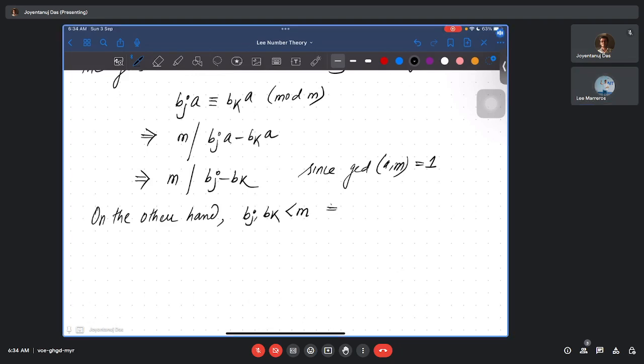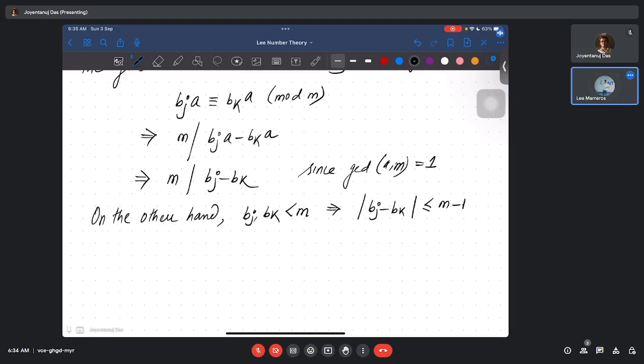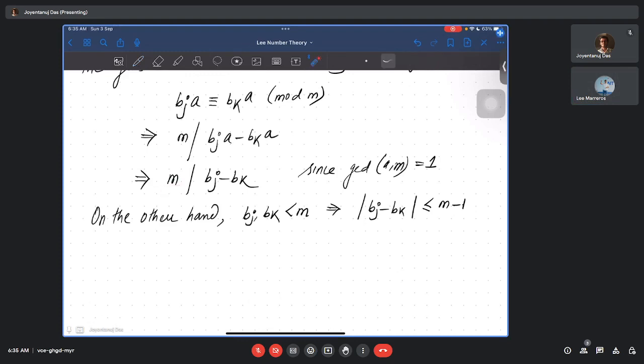So this implies this difference Bj minus Bk, if we take the absolute value, has to be less than or equal to M minus 1. So M is a number that divides a number whose absolute value is less than M minus 1.